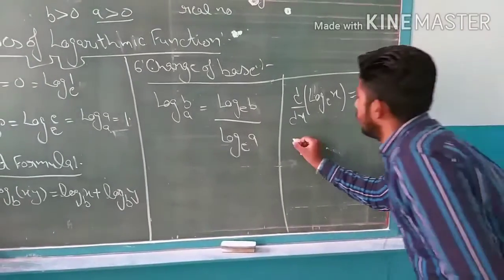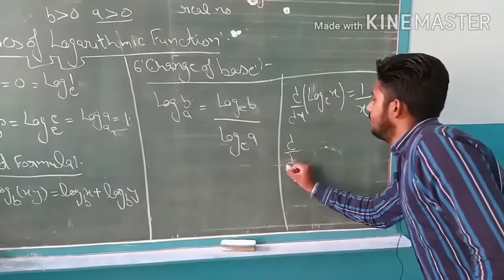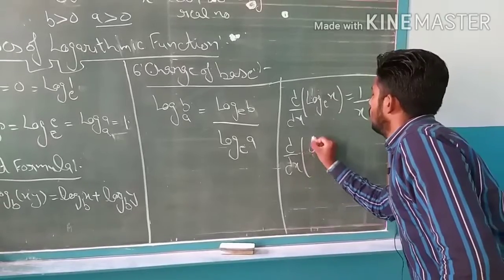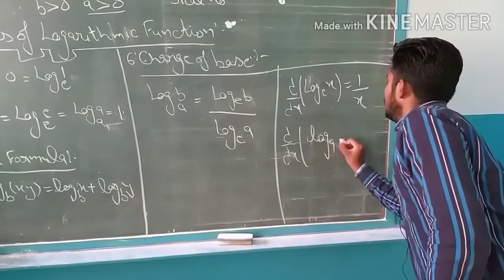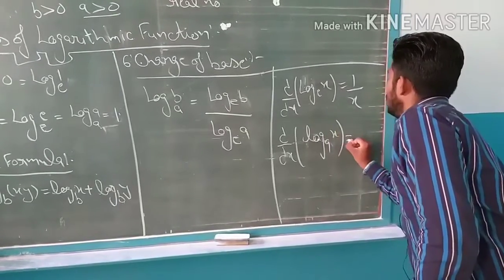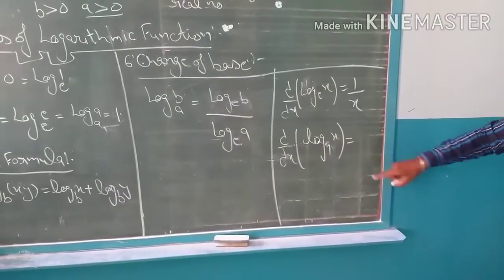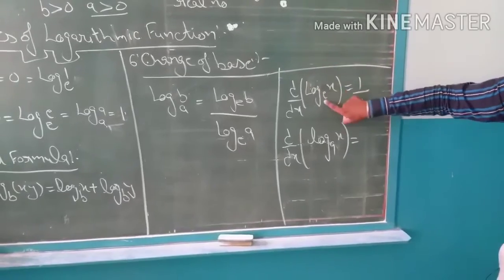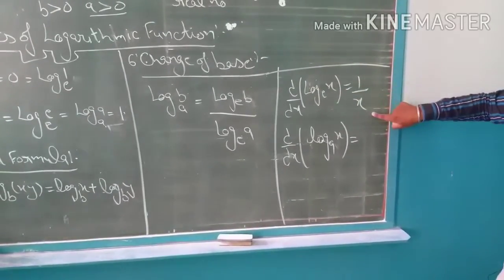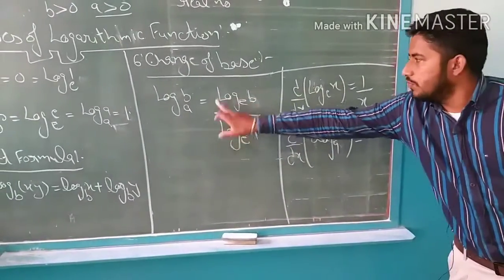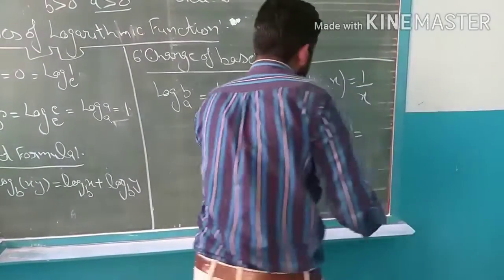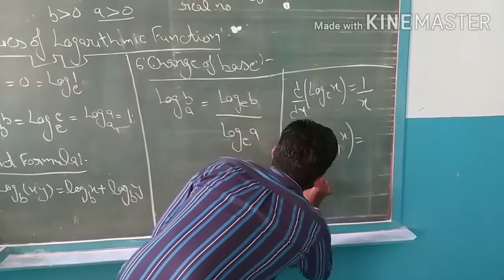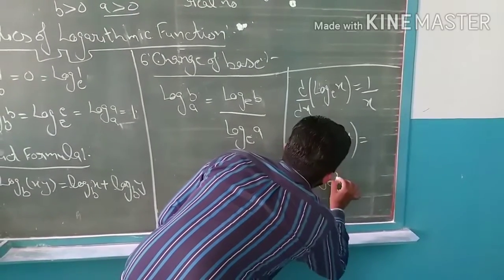Now if we have to find d by dx of log x with base 9, then it will not be equal to 1 by x, because only with base e is the derivative equal to 1 by x. Here we will apply the change of base formula. We will change the base to e. How can we change it?